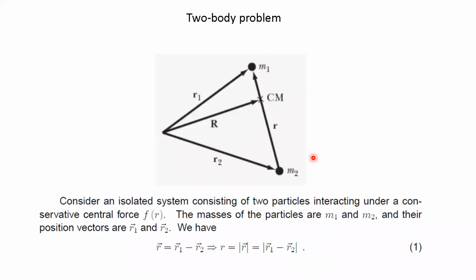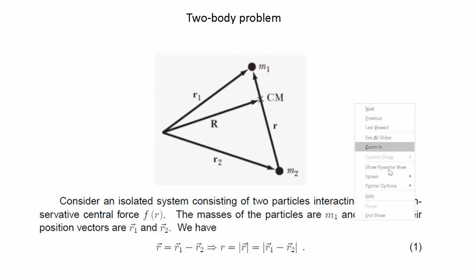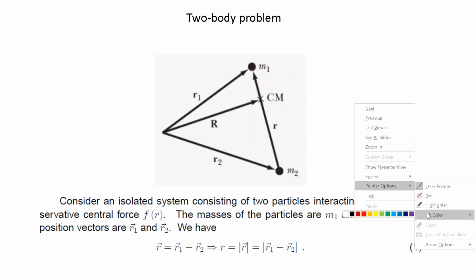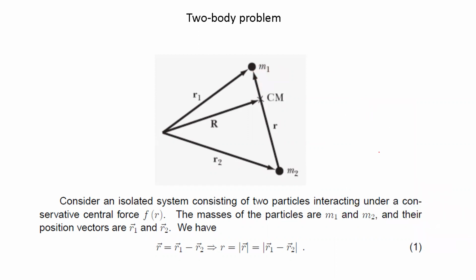So here let's set up the vectors and the coordinate systems. What we have here are these two masses, and let me again draw the two arrows to indicate the forces. We are still considering a central force problem.